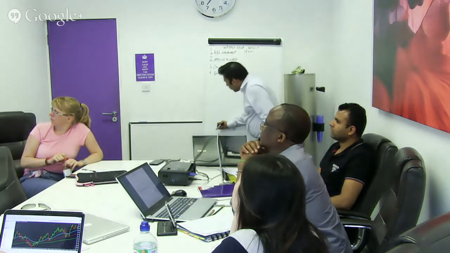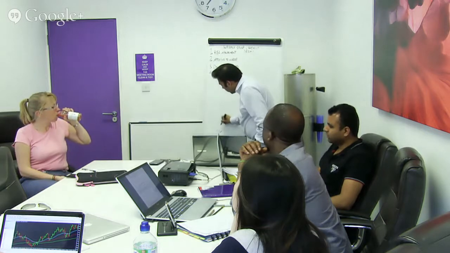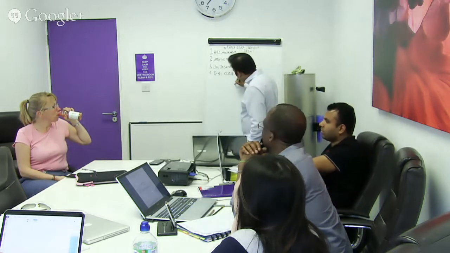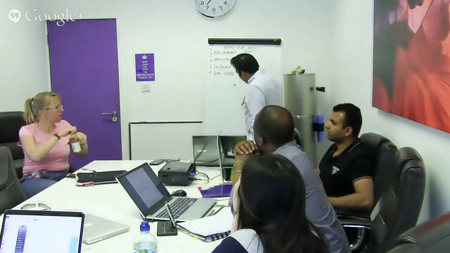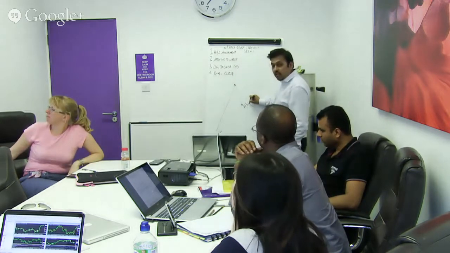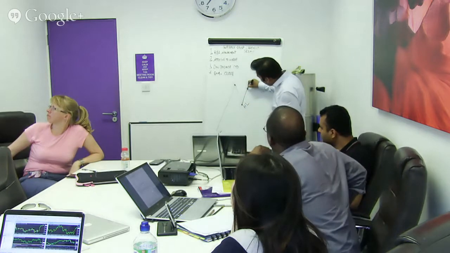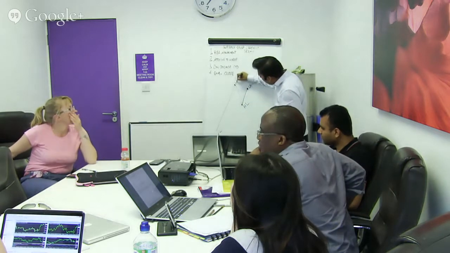Right at the bottom we have a low. And up there we have a high. Then we have a high low, and then we have a low, high. Correct, low and high.